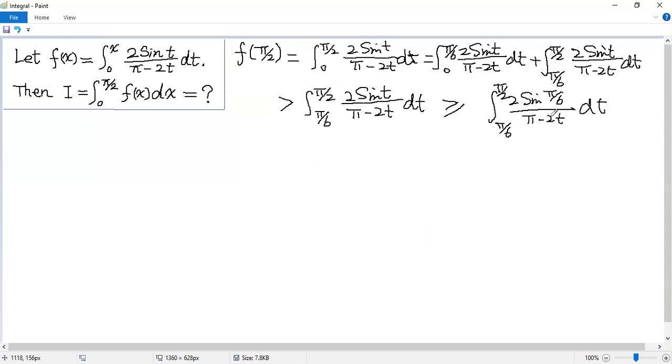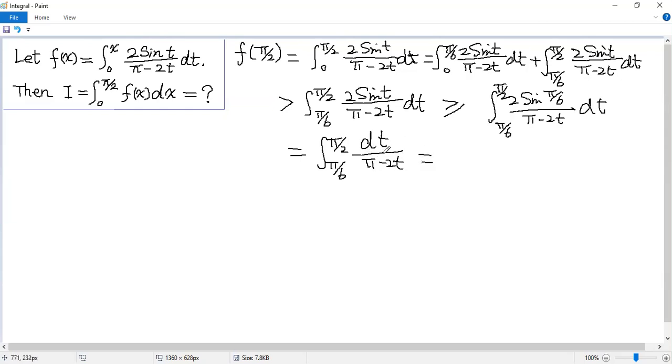Now sin pi over 6 equals half. So this one equals the integral from pi over 6 to pi over 2, and then here is dt over pi minus 2t.